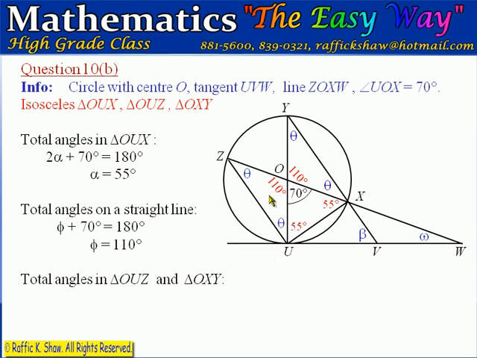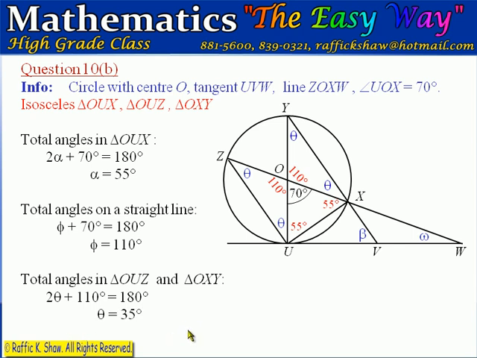And so 2 theta plus 110 degrees must be equal to 180 degrees, because total angles in this triangle is 180 degrees, and also in this triangle the total angles is 180 degrees. And so to find theta, we subtract 110 degrees first, we end up with 70, and then divide by 2. So theta is 70 degrees divided by 2, which is 35 degrees. And that's it. Theta is 35 degrees.